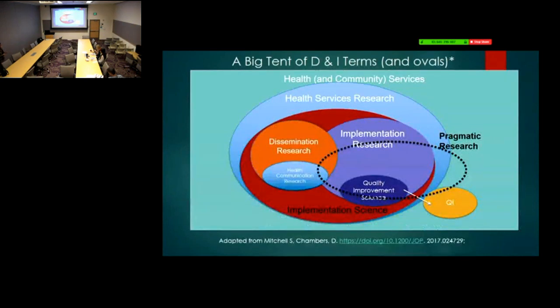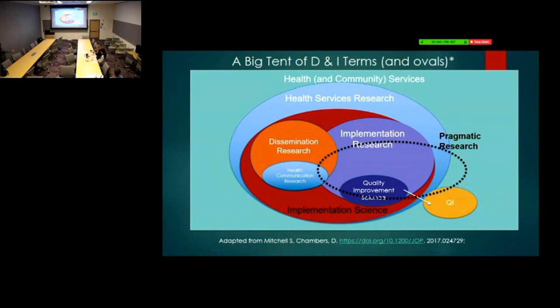So where does D&I research fit? I know this from Russ Glasgow. He's a D&I scientist here at the University of Colorado and the lead for our D&I program. And he kind of adapted this from some other work. You've got overall health and community services, and health services research is part of that. And you'll notice quality improvement is over here. It's not in the health services research, but it's related.